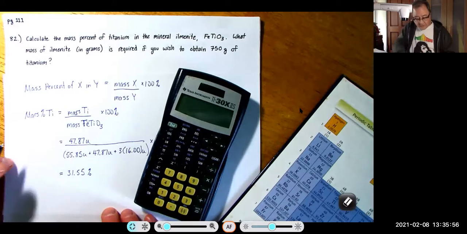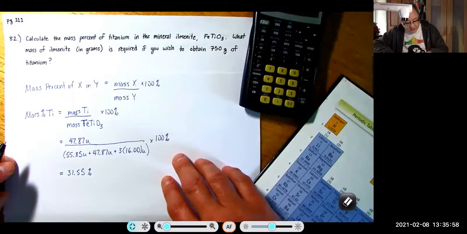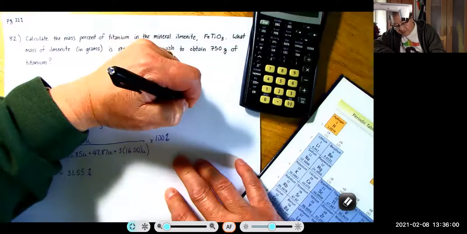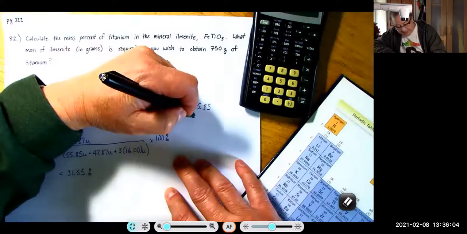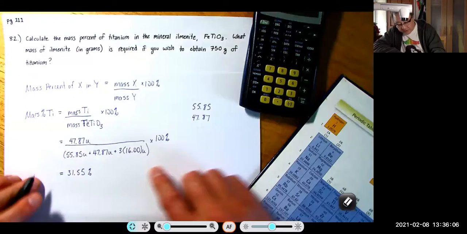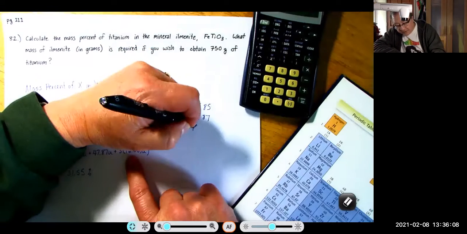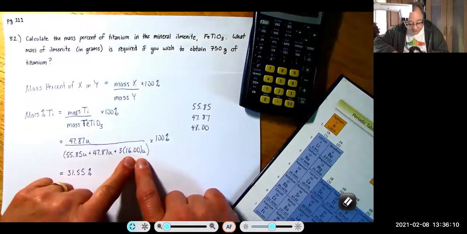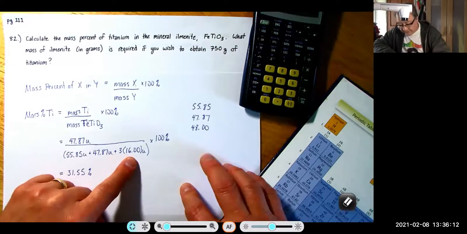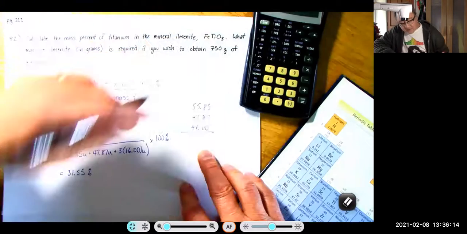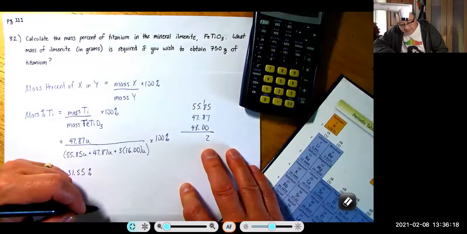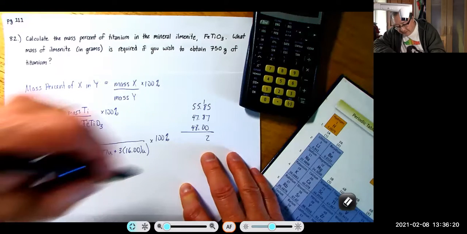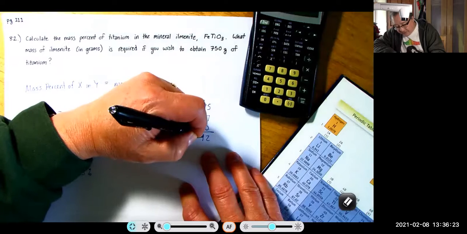It's 4 significant figures. And the reason for that is if we take a look at the 55.85 and the 47.87 and this, which is 48.00 with 4 significant figures because the 3 is exact and this has 4 sig figs. You add these all up together and you get 2 carry the 1. And then you get 9. Oh, my bad.